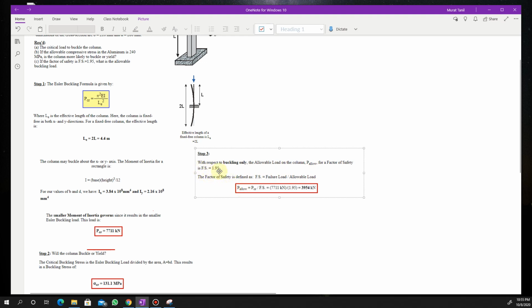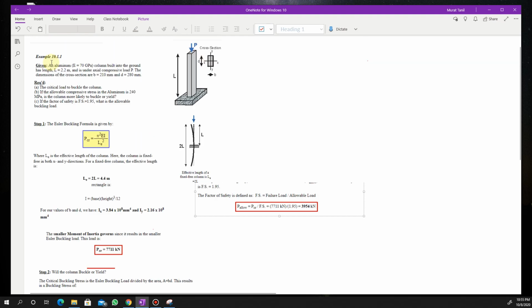The factor of safety is defined as failure load divided by the allowable load. In this case, we know the failure load, which was 7711 kilonewton. If we divide that number by 1.95, we will get 3954 kilonewton. This will give us the answer for this problem.